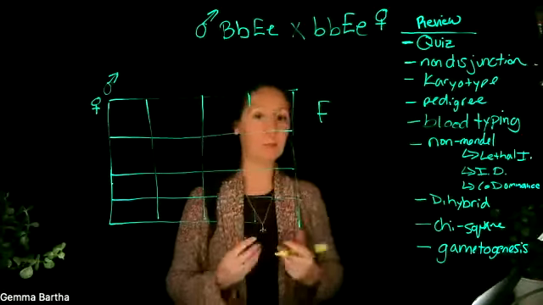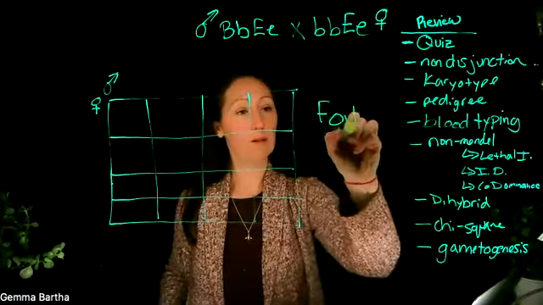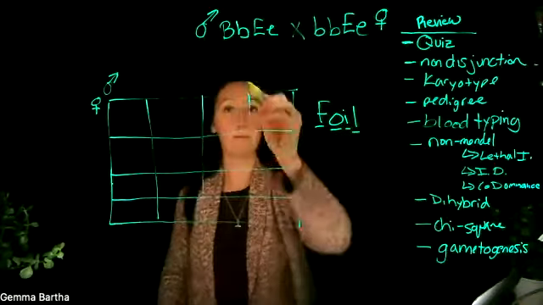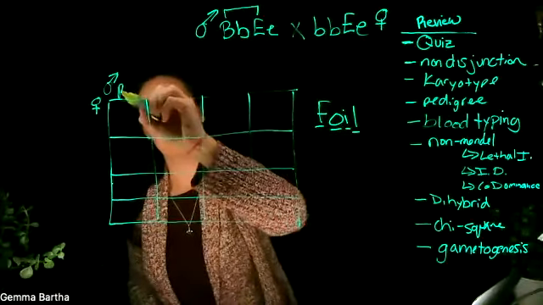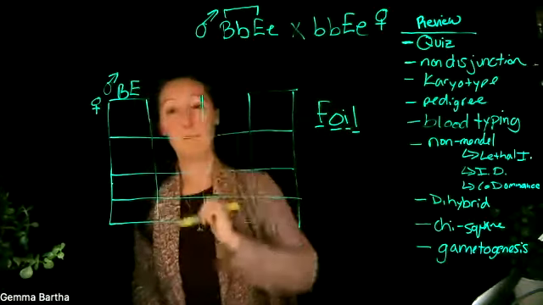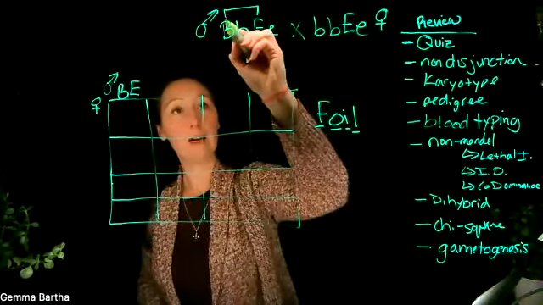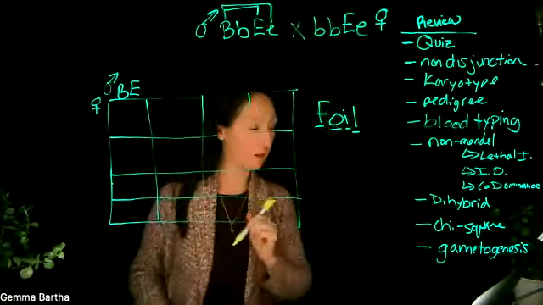FOIL is an acronym: first, outside, inside, last. So we're going to look at the first set of genes, which is big B, big E. First, outside. You guys all see that?